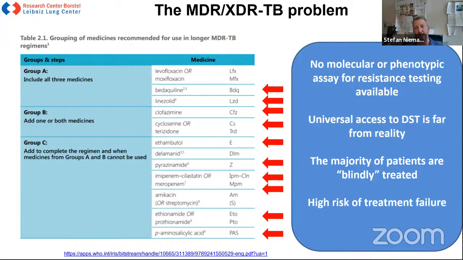And I think this is in a way unacceptable and also has a high risk of treatment failure in those patients that may be resistant. So here other approaches like rapid molecular tests are basically essential to solve that.